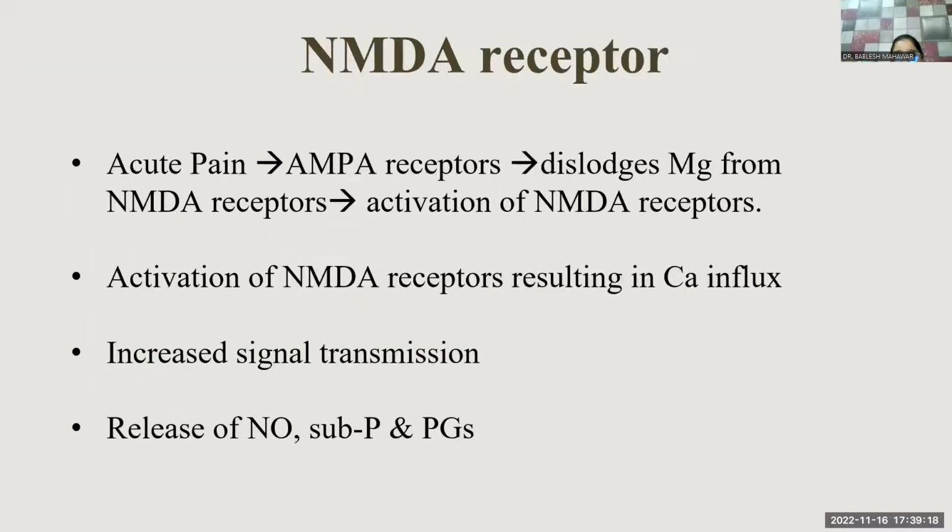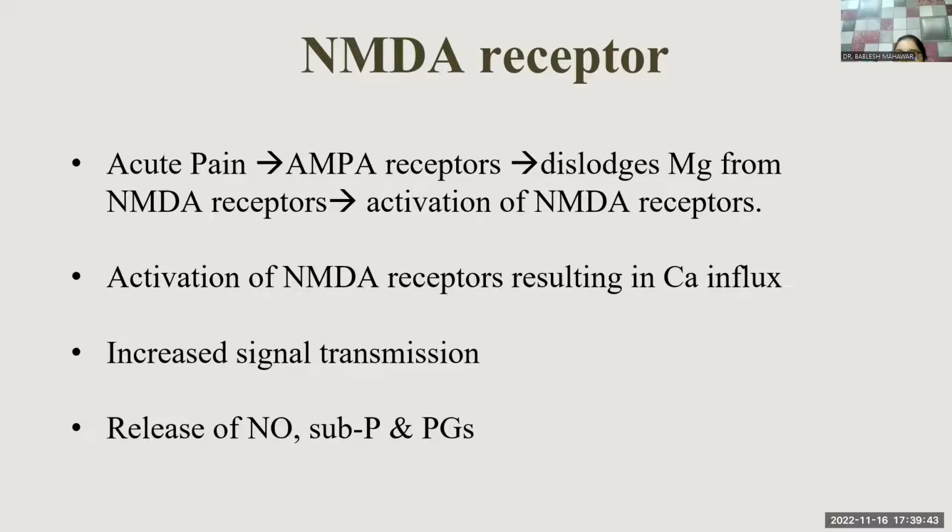Next slide, please. Now, regarding the NMDA receptor, there is an activation of these NMDA receptors. Normally they are inactivated, but whenever pain is there, there is one more receptor, the AMPA receptor, which dislodges the magnesium placed on these NMDA receptors.